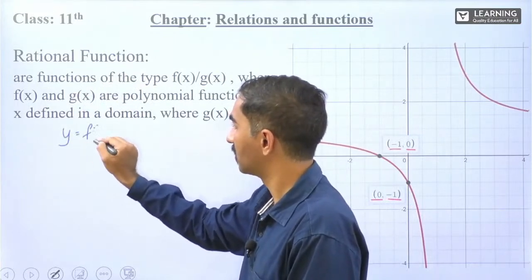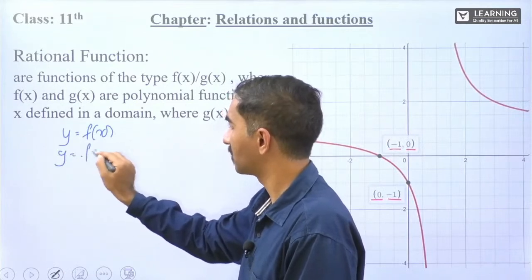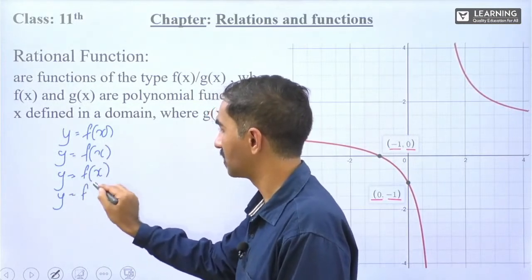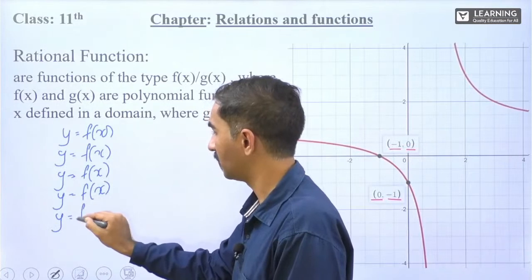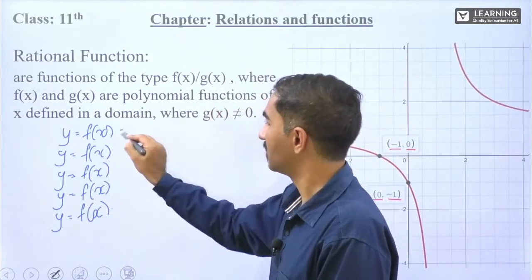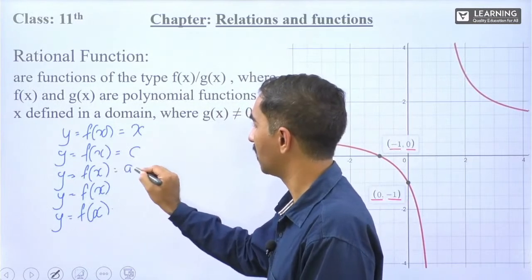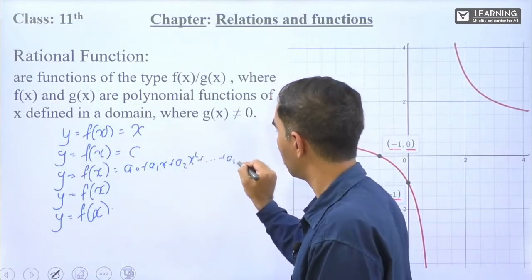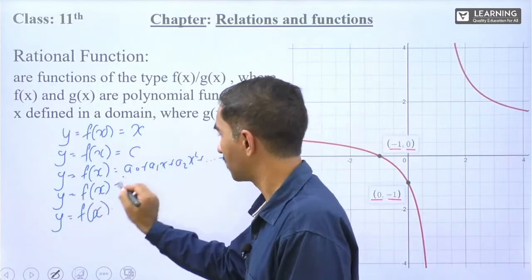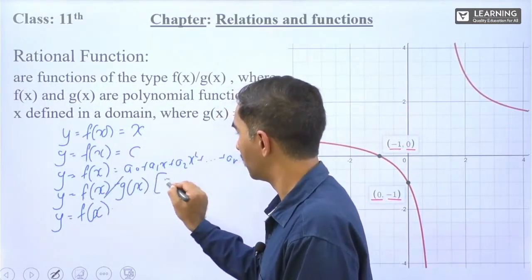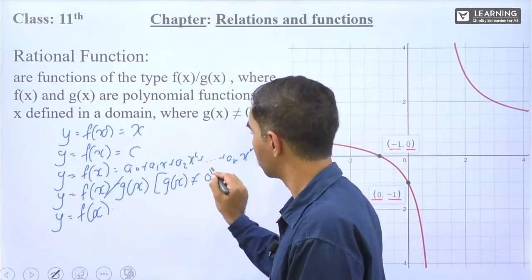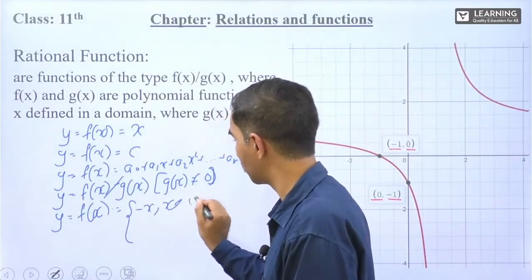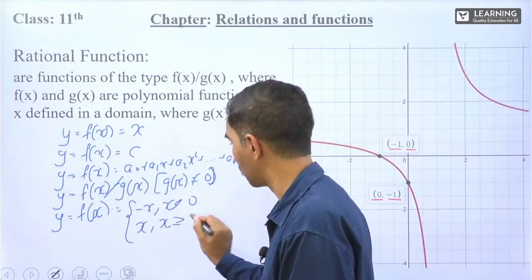Y equals f of x equal to x; f of x equal to c; f of x equal to a naught plus a1x plus a2x square until an x to the power of n; f of x by g of x, where g of x is not equal to 0; and f of x is equal to minus x for x less than 0 and plus x for x greater than or equal to 0.